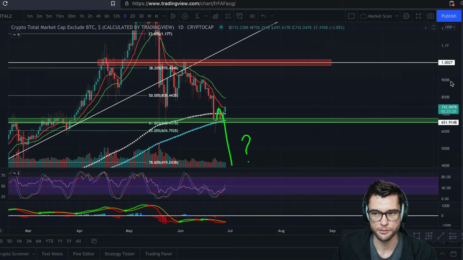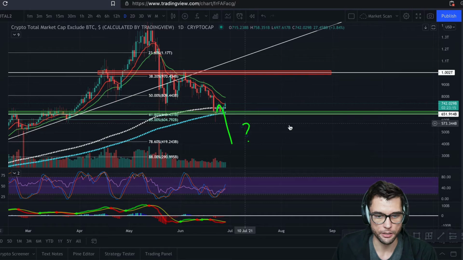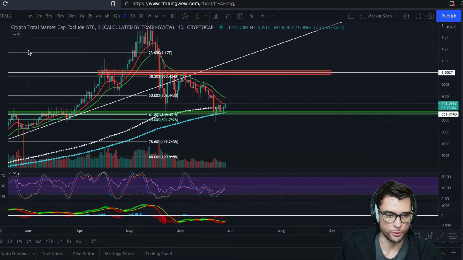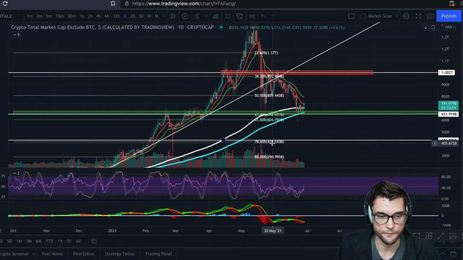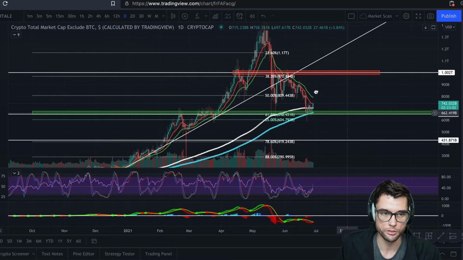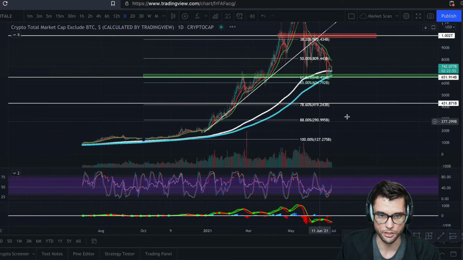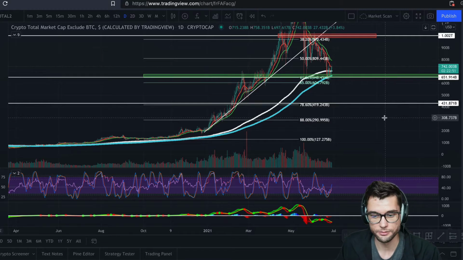There's still a possibility of alts coming down and reaching here. This is what I said last time. Will it come down? That's the question. So if it does, then this will be the price if the total alt market cap reaches the 78.6 right here. This is where I'm going to go in heavy on the alts. Although, it could very well reach this level, to be honest.